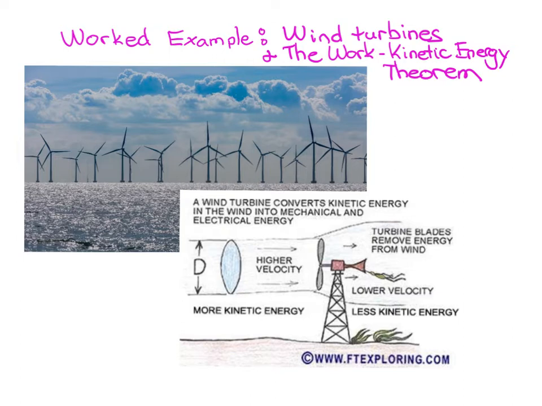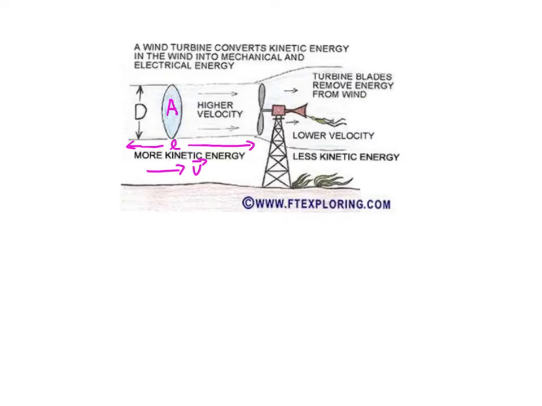So let's dig in. Let's start by taking a closer look at this sort of cartoon version of what goes on in the wind turbine. Let's imagine that the rotor, these blades on the wind turbine, have a diameter, uppercase D, and therefore there's an area associated with this diameter.